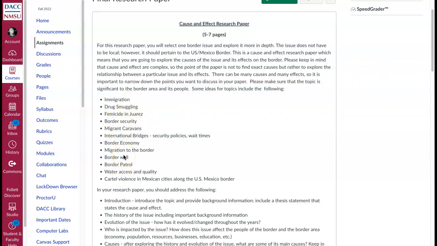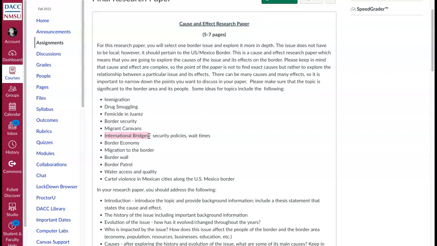The topics I selected, some of them are kind of general because I think that they can lead you to more narrow topics. For example, international bridges could lead to something more specific like security policies or wait times. Now, it might seem really simple, like, oh, the wait times have always been long, but they got longer after September 11th, right? And then with COVID, they got longer as well.